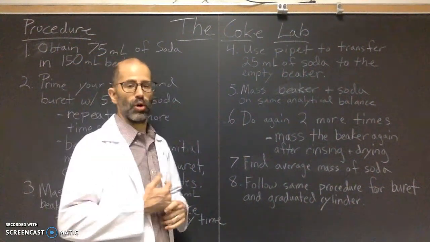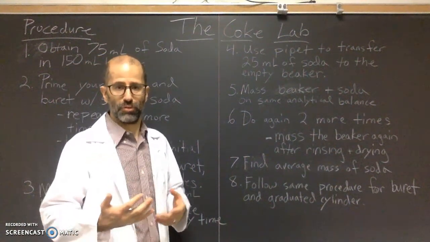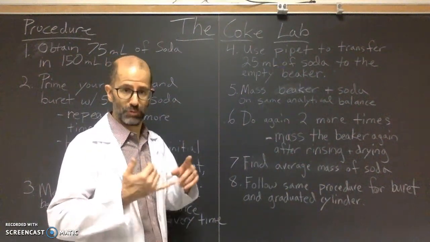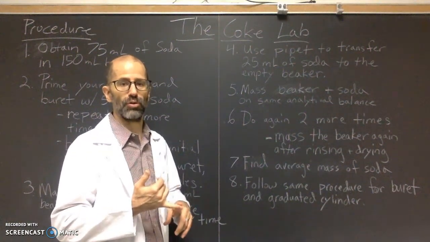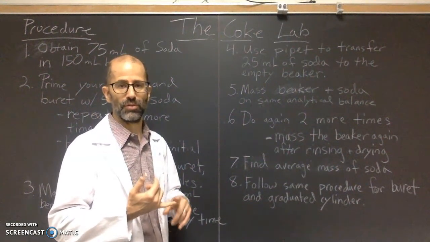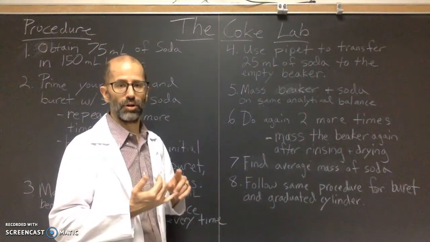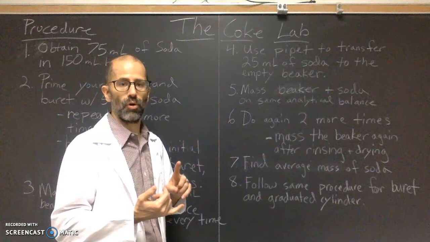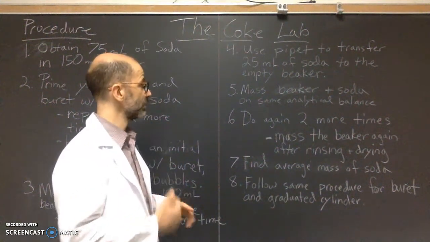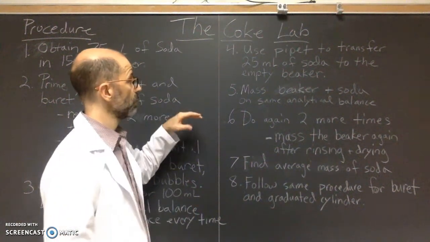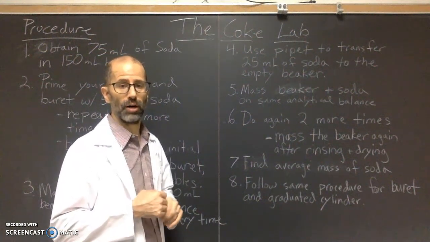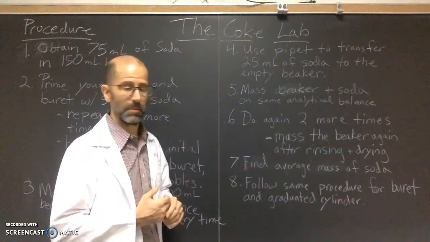So when you are getting the volumes, you are going to be getting the volumes of each of 25 mils of your soda using each of the three apparatuses, each of these three glassware: your graduated cylinder, your volumetric pipette, and your burette. And so what you're going to need to do is you're going to get two measurements for each time you do this.